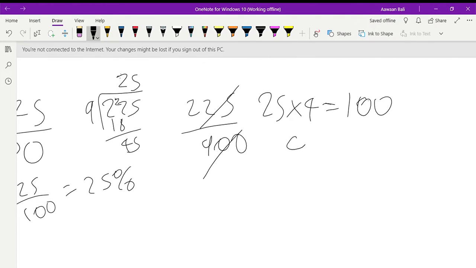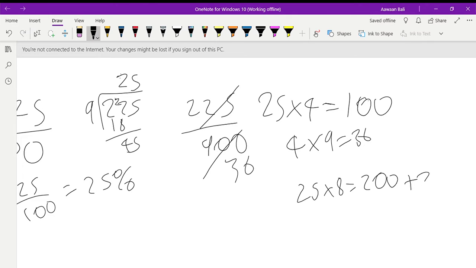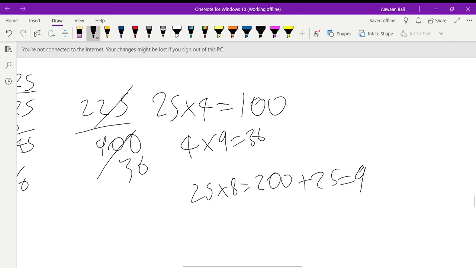We can just do 4 times 9, 36, which means it simplifies here to 36. And now 225, that's basically 25 times 8, which is 200, with another 25, which is basically 225 again. So we know that 225 divided by 25 is 9. So 9 upon 36, if you divide them both by 9, you get 1 upon 4.